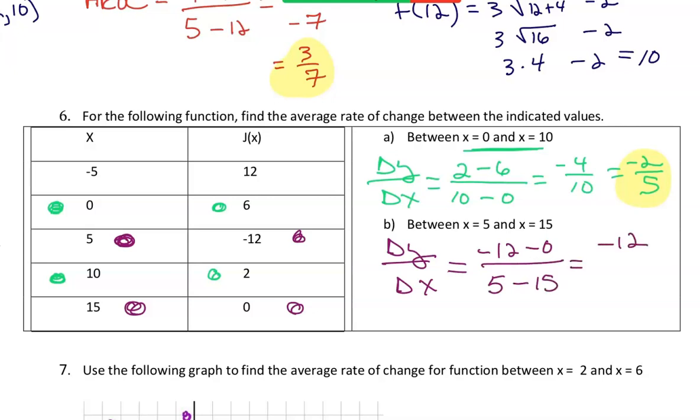This is -12. This is -10. 12 over 10 is what it is. And you can reduce that. It's negative over negative, which is positive. And if you want to reduce it to 6/5, you are golden. Okay, so we used a table to figure out average rate of change.